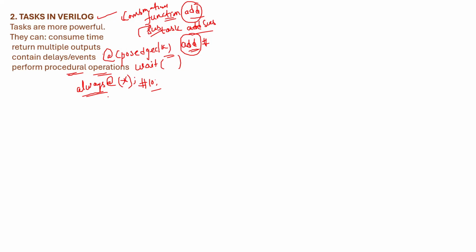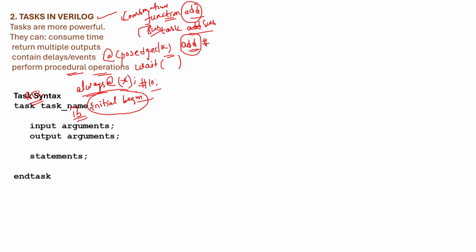After always we can also use initial begin. That is why functions are mostly used on the RTL side, and tasks are used on the testbench side, because initial begin and such constructs are not synthesizable and do not form any gates. But for testbench simulation purposes we use them.